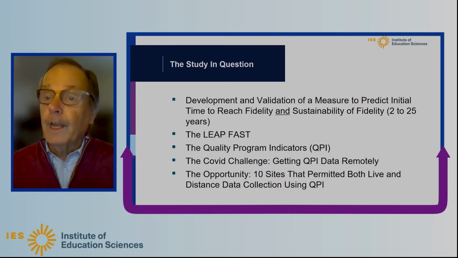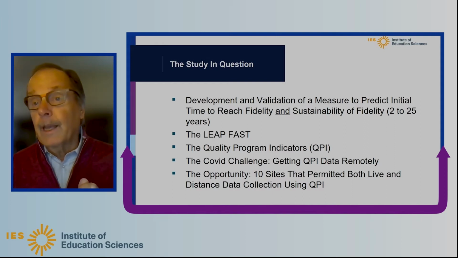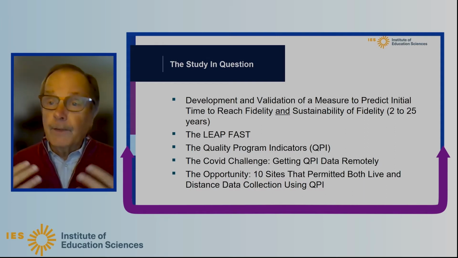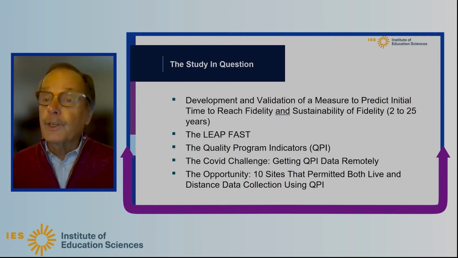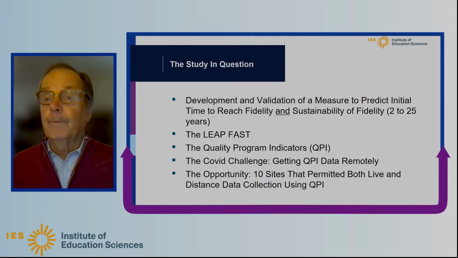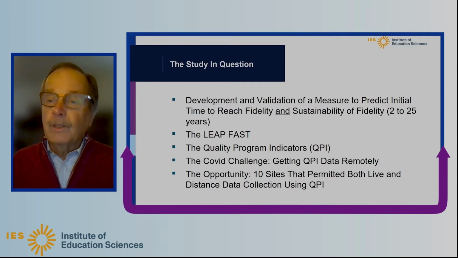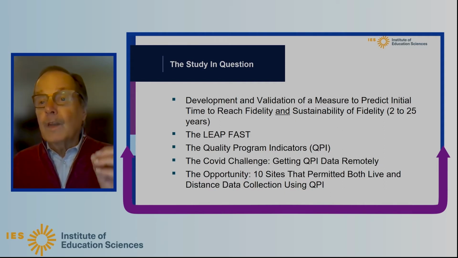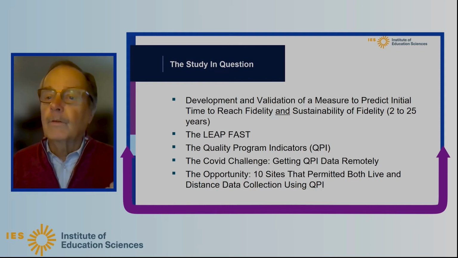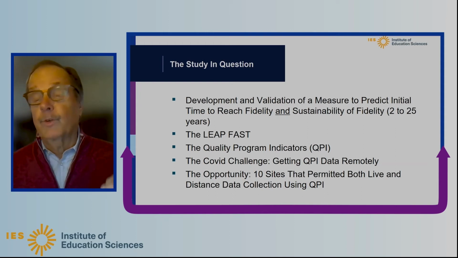That's one of our primary measures. The other primary measure that I want to tell you about is the LEAP Quality Program Indicators, or QPI. This is a 50-item observational scale. The data are collected prior to this past year in real time, in live classroom settings. And it reflects the unique and operational foundations of running a high quality LEAP classroom.